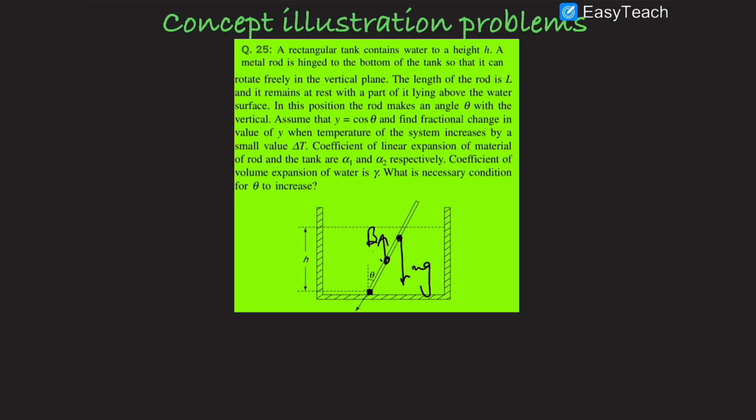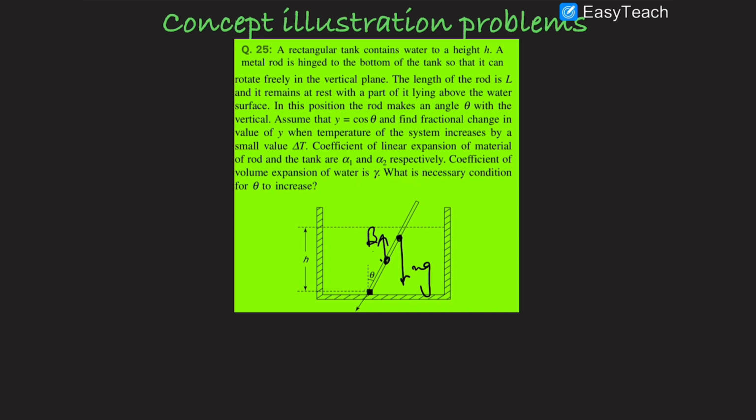In this position, the rod is making an angle theta with the vertical, and we are assuming that y is equal to cos theta. We have to find the fractional change in the value of y when the temperature of the system increases by a small amount delta T. It is given that the coefficients of linear expansion of the material of the rod and tank are alpha 1 and alpha 2, and the coefficient of volumetric expansion of the water is gamma.